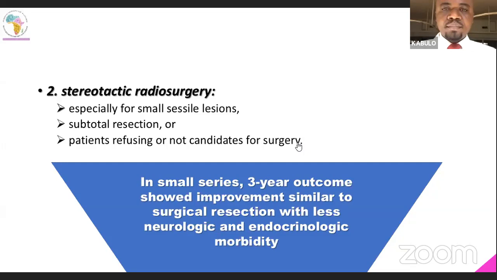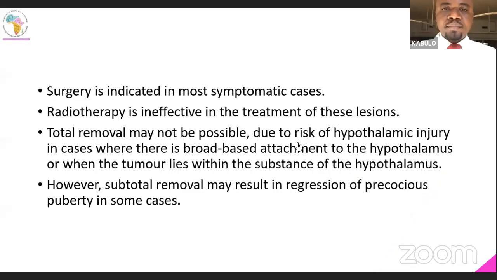Those who accept stereotactic radiosurgery say you go for it especially when the tumor is very small, for sessile lesions. Also after doing subtotal resection, the remaining part you treat with stereotactic radiosurgery. And also when the patient is refusing surgery or is not a candidate for surgery.